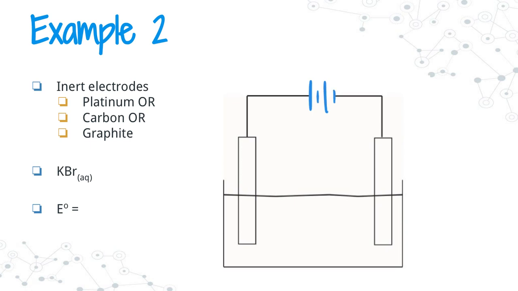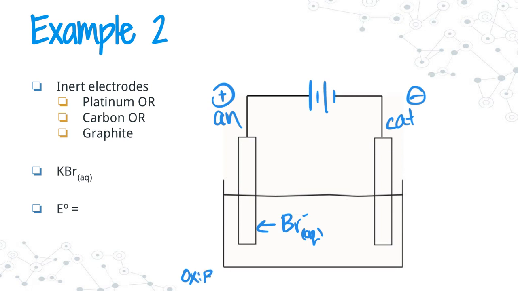So we've got our battery, we've got our anode, our cathode, positive charge, negative charge. The bromine ions are still being attracted to our anode, and so it will undergo oxidation there, and we would have our oxidation reaction of the bromine reacting to give liquid bromine and an electron.